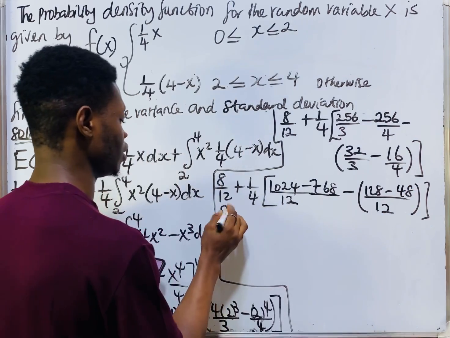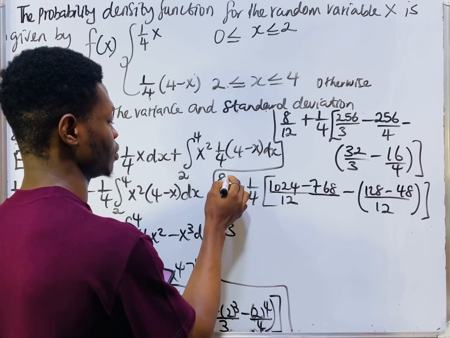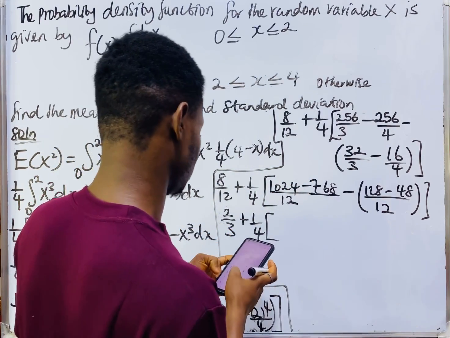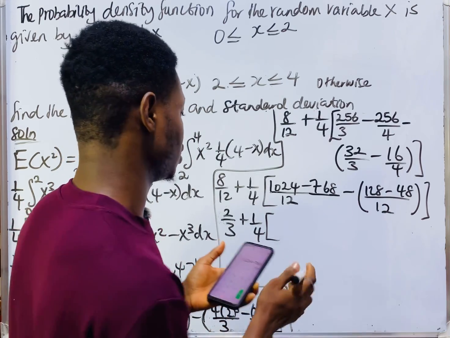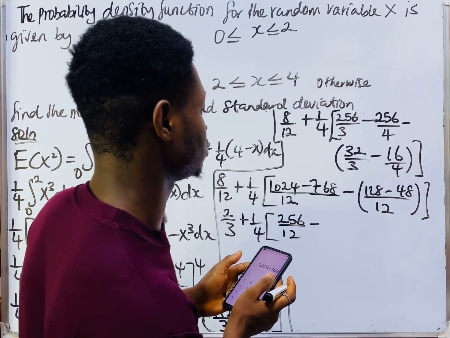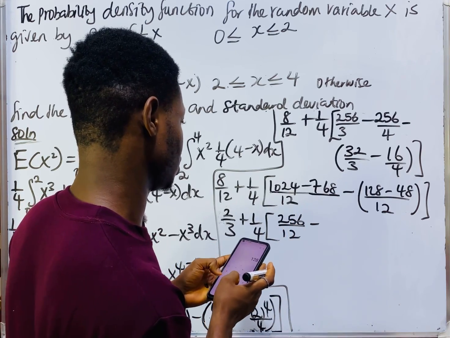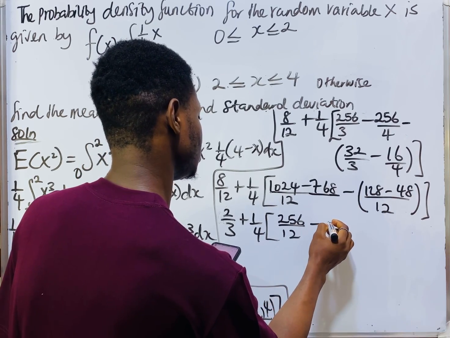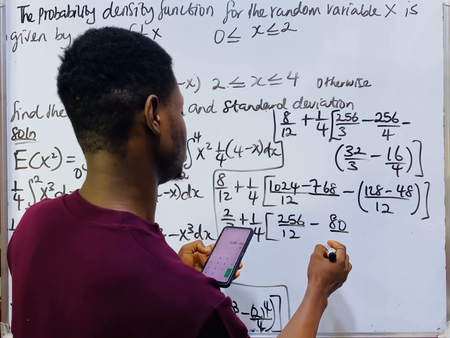So this 8 over 12 can be written as what? 2 over 3, right? Yes, plus 1 over 4. This minus this: 1024 minus 768 gives me 256 over 12. Then minus 128 minus 48 gives me 80. 80 over what? 12.